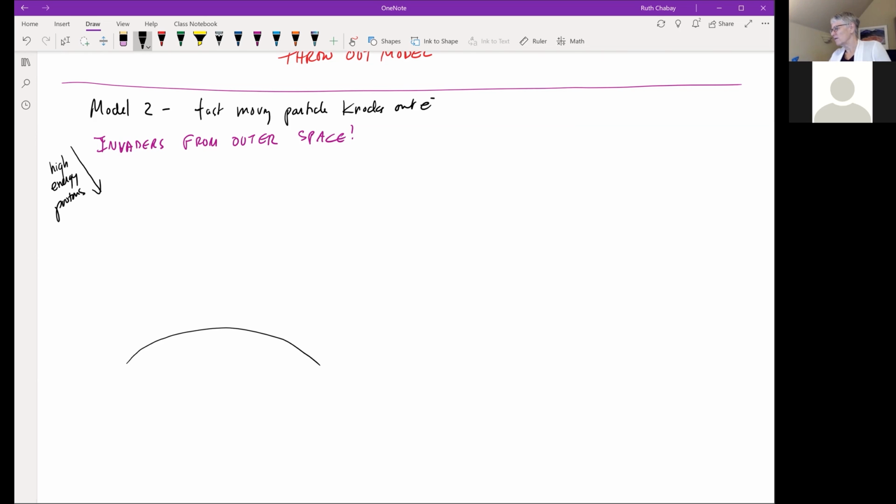And very high energy protons. I'm absolutely serious. And so high energy protons, and we're not entirely sure where they all come from, come in and they're doing fine until they hit the atmosphere. So here's our atmosphere.